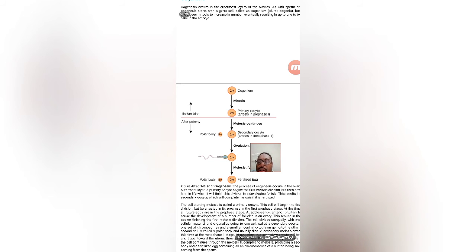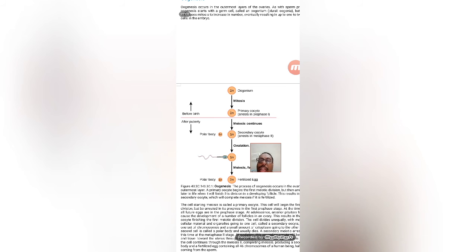Why polar body? Because the ovum is the area where the sperm comes and hits, and it will undergo fertilization. After fertilization they need the cytoplasm, so that it can grow into the next generation. That means the mixing of the chromosomes takes place.